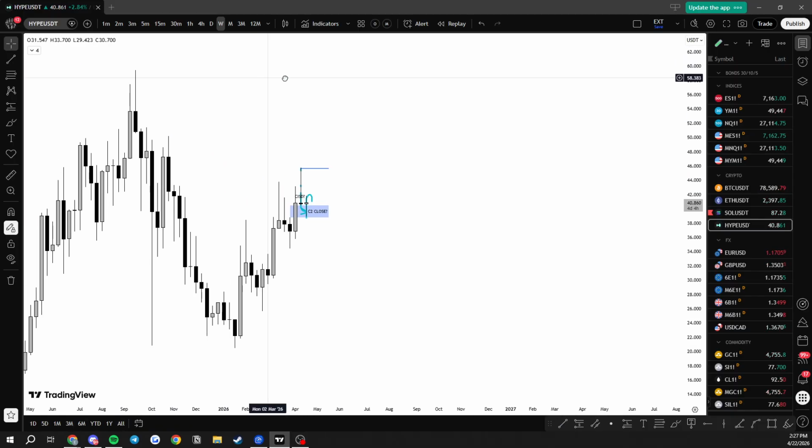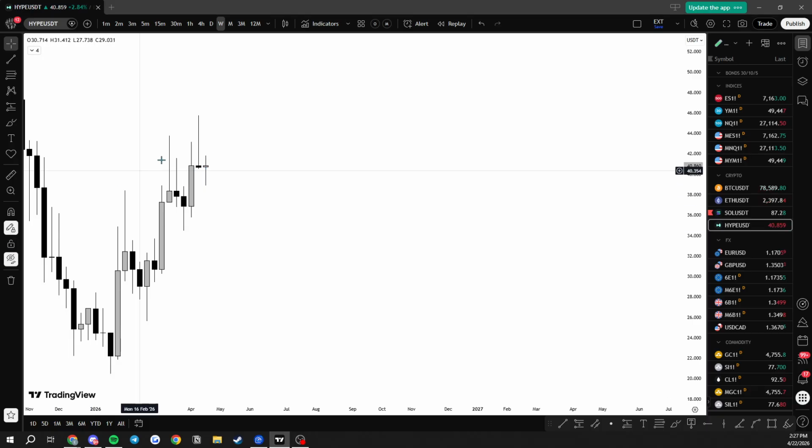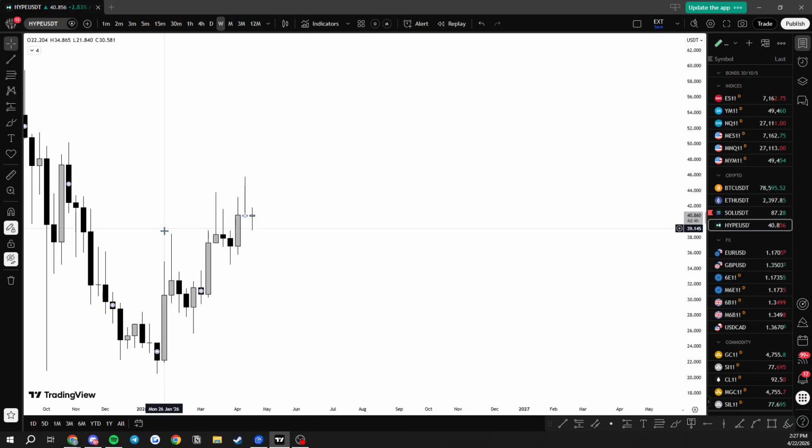But we have to be careful because we swept this high, right? So it could be a retracement or it could be a reversal, but judging by last time, we swept, we retraced, we made a new move up, swept, retrace, potentially making another move up.